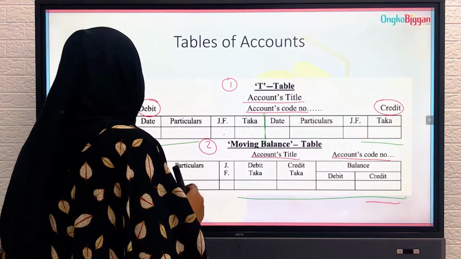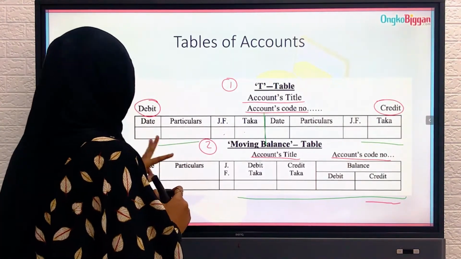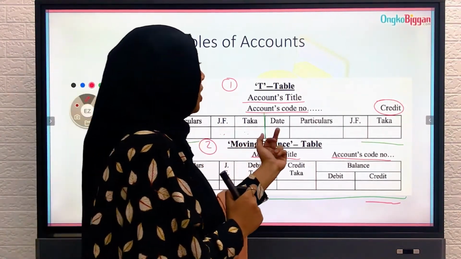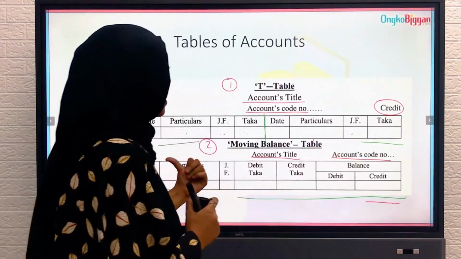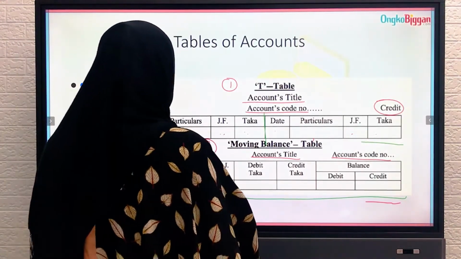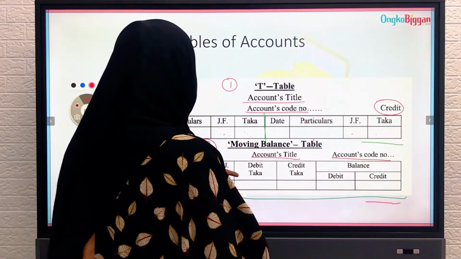So the T table will be divided into two parts. There are four columns on both sides: 1, 2, 3, 4, and again 1, 2, 3, 4. So each side contains four columns. Then the balance of accounts is the difference between the total debit and the total credit.